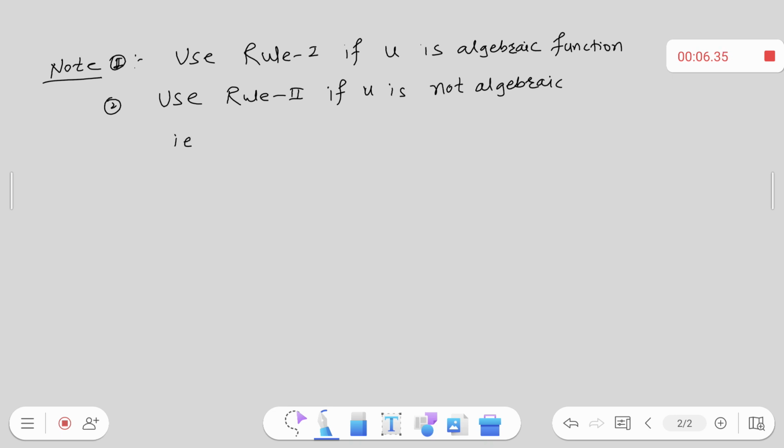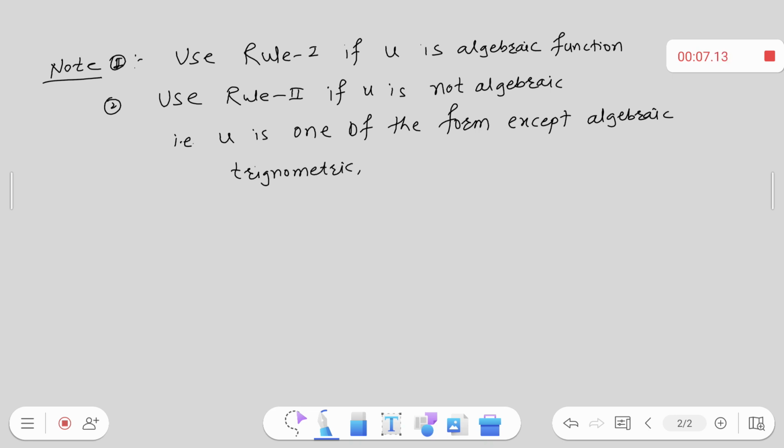That is, u is one of the forms except algebraic, meaning trigonometric, exponential, inverse, logarithmic, etc. It is not algebraic means it is one of the forms except algebraic: trigonometric, exponential, inverse or logarithmic.